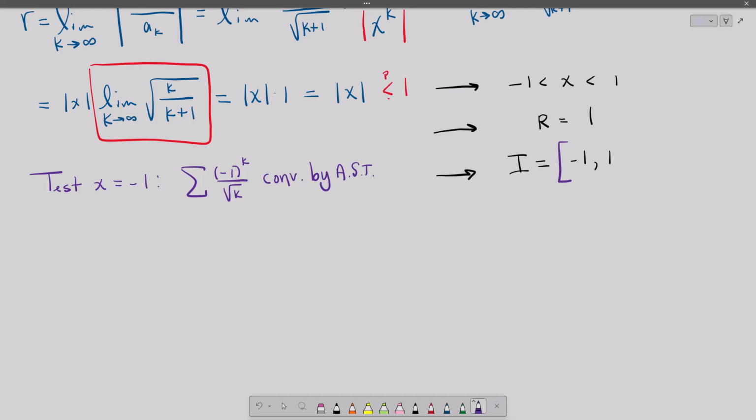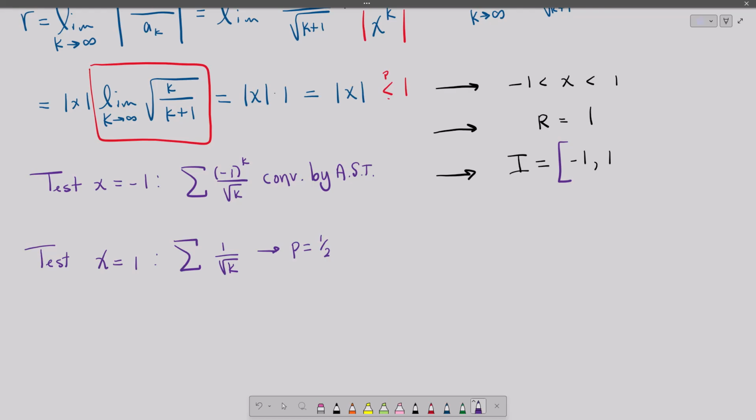Now let's test +1. We have 1 to the k, which is just 1. So we have that. What kind of series is that? P series, with p equal to 1/2. Converge or diverge?